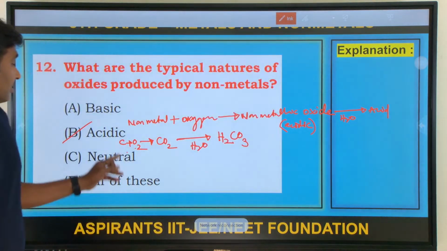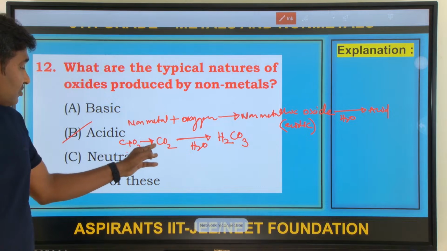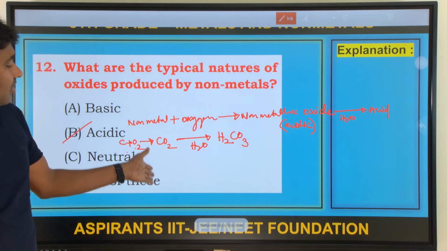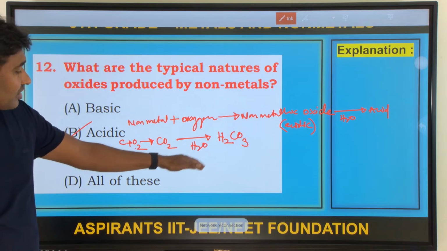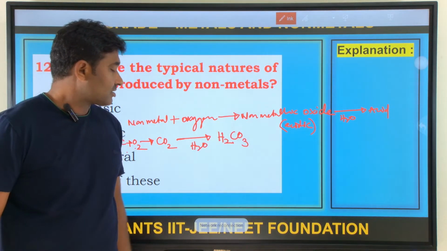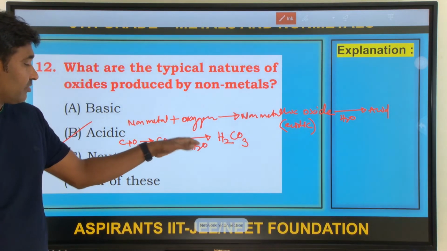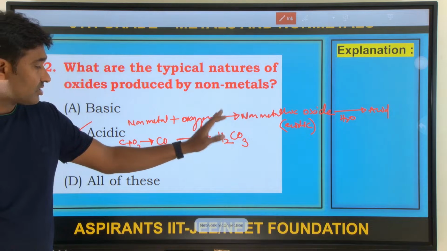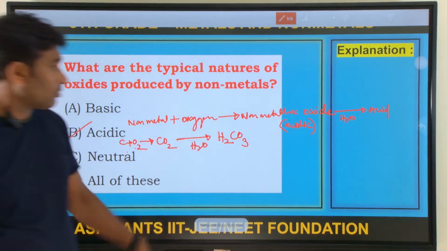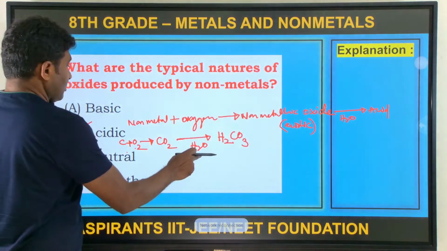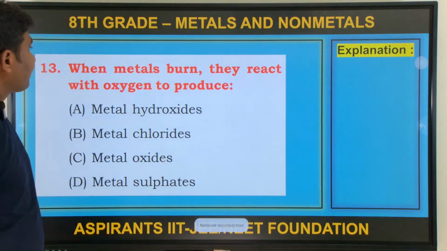So a non-metal reacting with oxygen gives a non-metallic oxide that is acidic in nature, and when it dissolves in water, it gives rise to acids. Okay, now we go to the next slide.